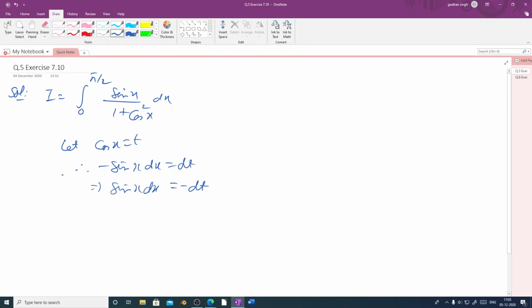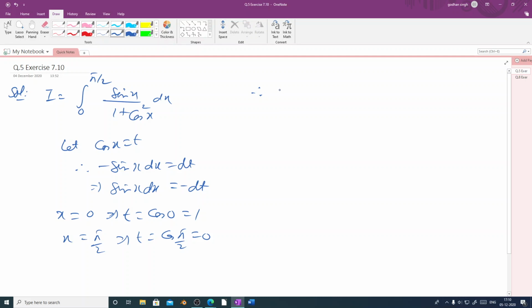Now let us change the limit. When x is equal to 0, this implies t equals cos 0, that is 1, and when x equals pi by 2, this implies t equals cos pi by 2, and that is 0.